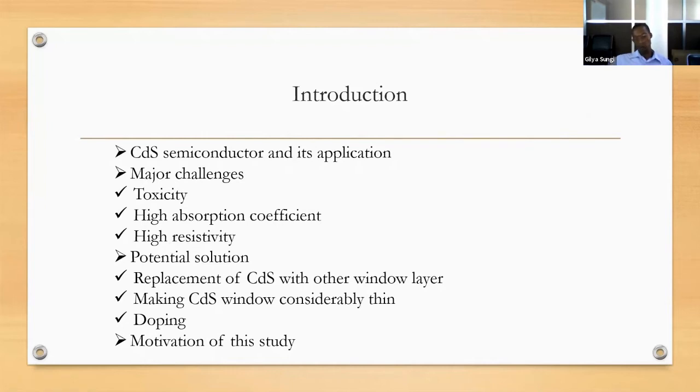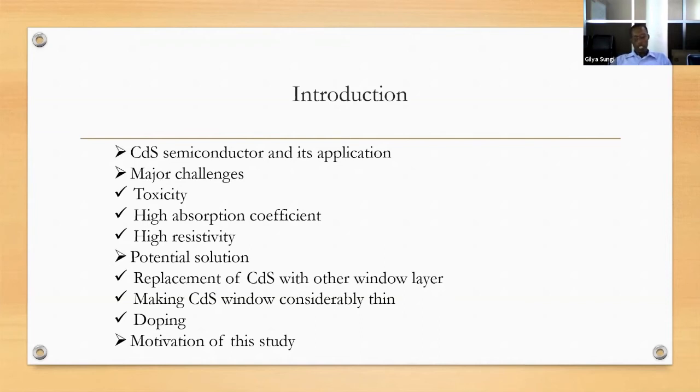When used as a buffer layer, it causes addition of high series resistance to the cell, which lowers the fill factor of the cell. So both affect the short circuit current, and the lowered fill factor affects the overall conversion efficiency of a solar cell.